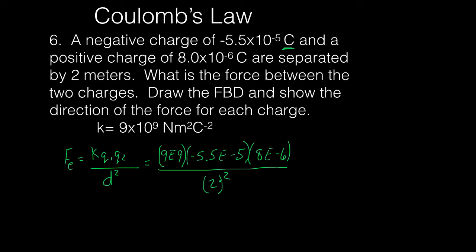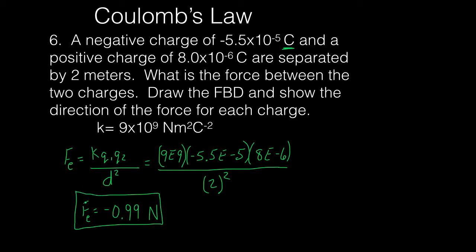Okay, and divide that all by 2 squared. And so I'm getting that the force between them is equal to a negative 0.99. The units of force are always newtons, and that's what your answer will be.